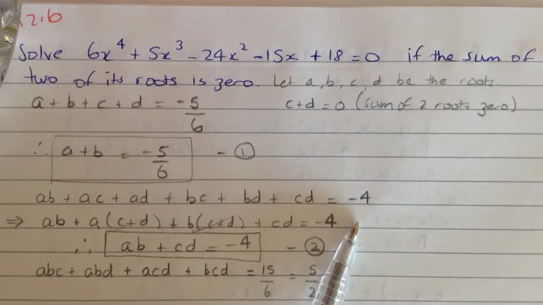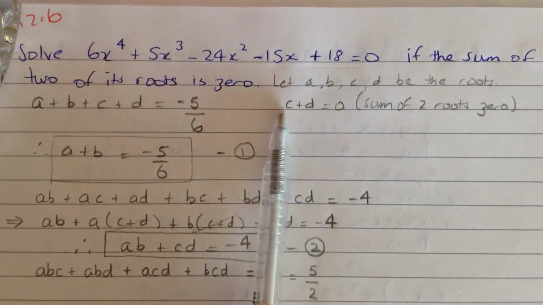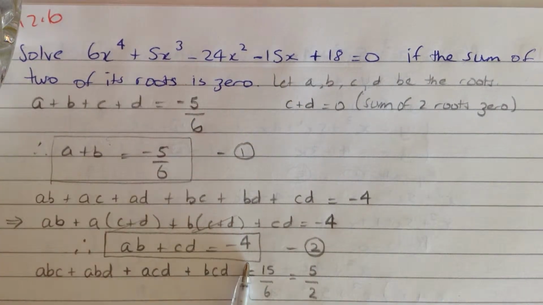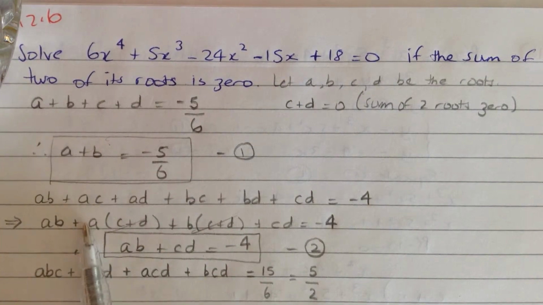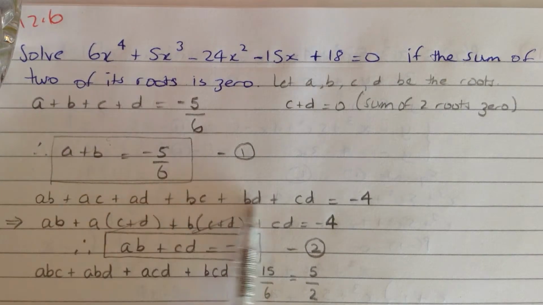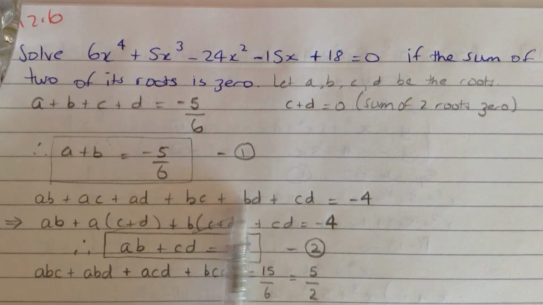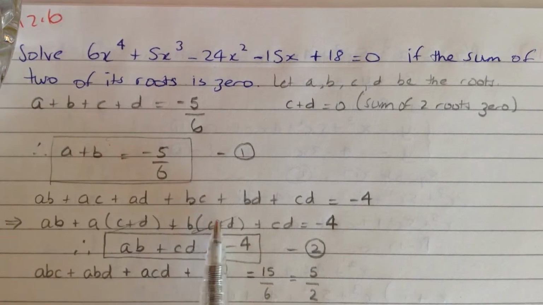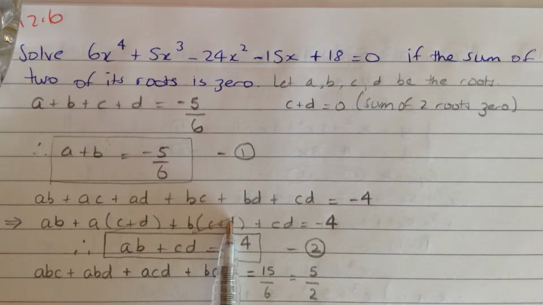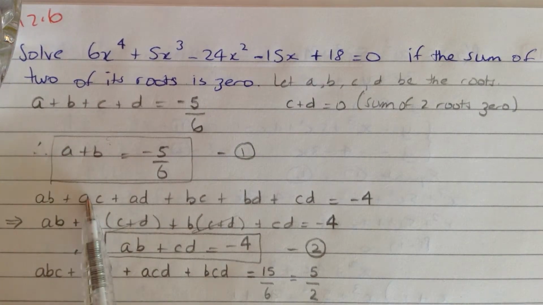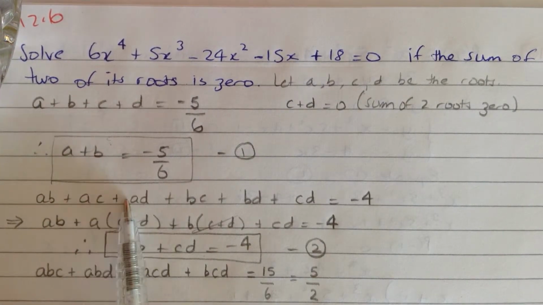Now, keep in mind this expression here, because it's going to help you simplify along the way. If you look at this expression, you'll be able to factorise pairs so that you get C + D in brackets, and then you can eliminate some of those. So you've got AB, then AC + AD, where a common factor of A comes out and you write C + D in brackets.